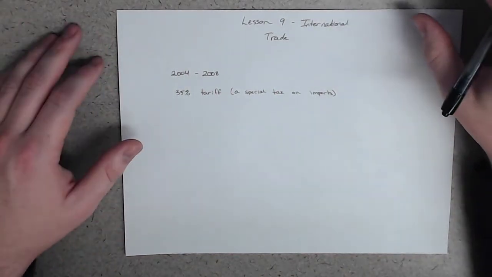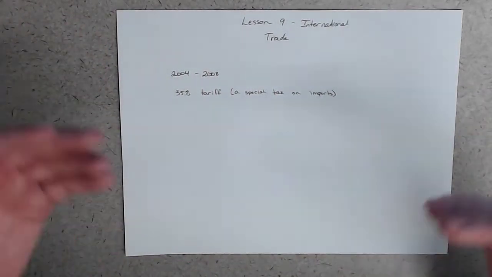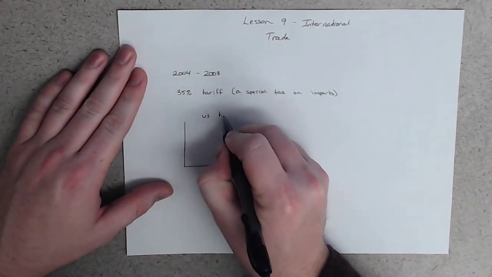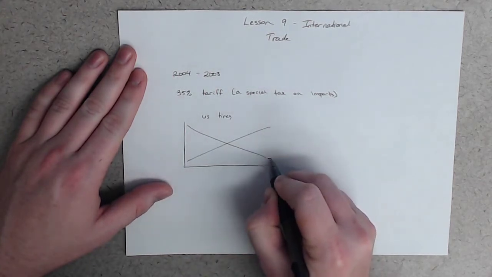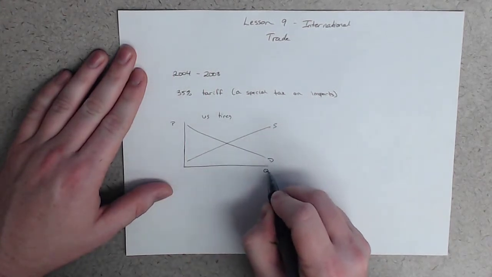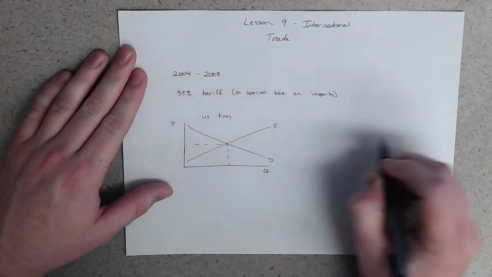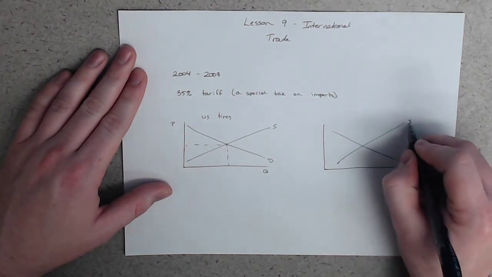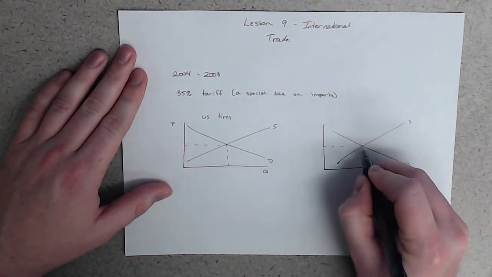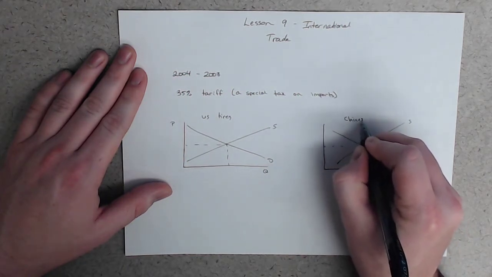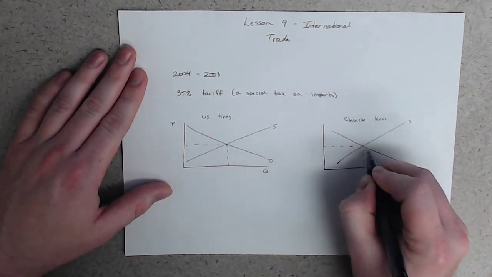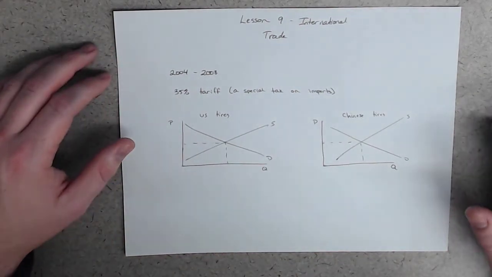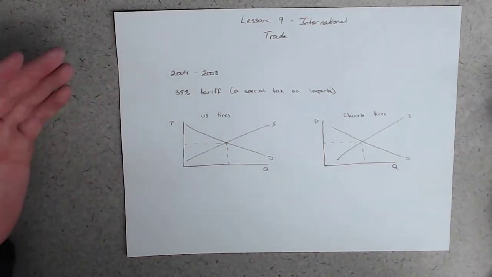Okay, so let's think about what would happen, and so let's think about this market. We have U.S. tires, and we have Chinese tires. And we have a special tariff placed on tires, which is a tax.